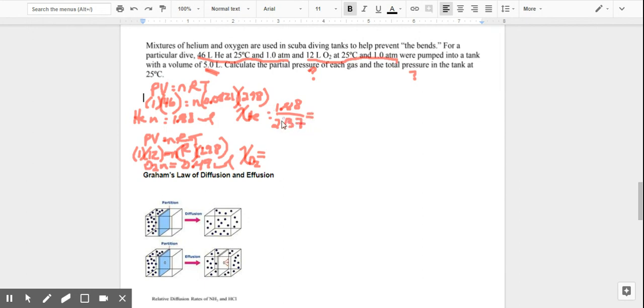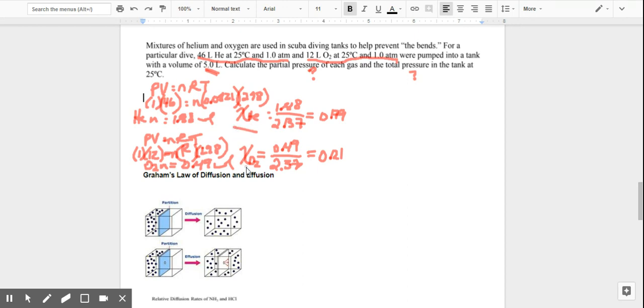So when I solve for my mole fraction of helium, I end up getting 0.79. I do the same thing to figure out my mole fraction of O2. So I'm going to take its moles, which is 0.49, divide by the total moles, which is 2.37, and that value ends up being 0.21.